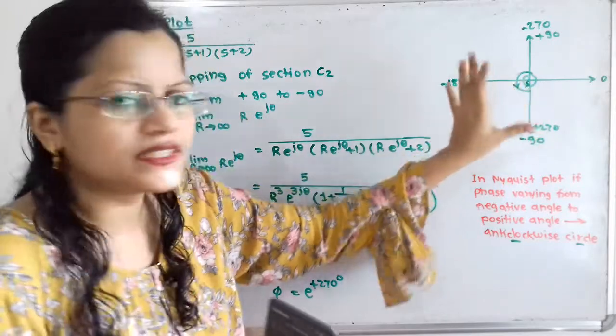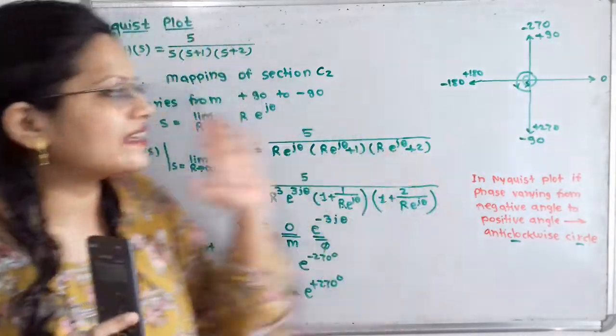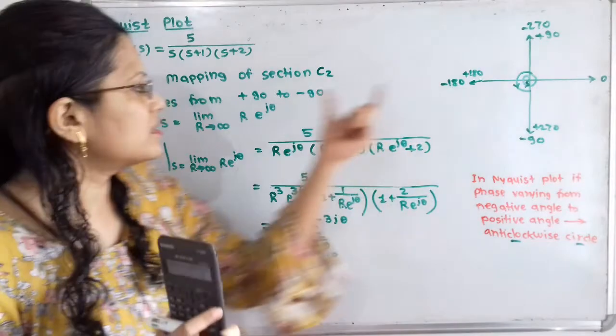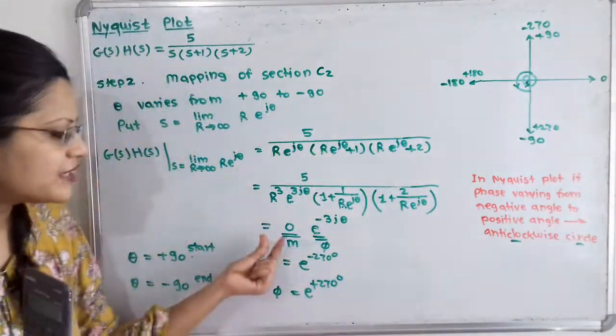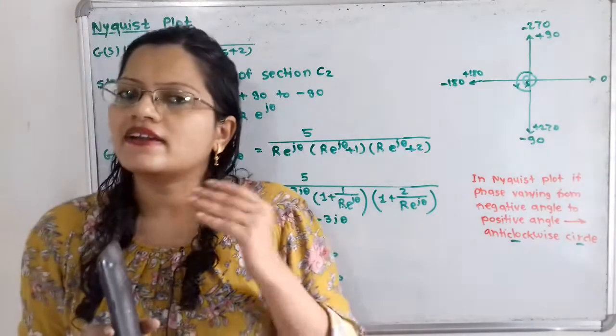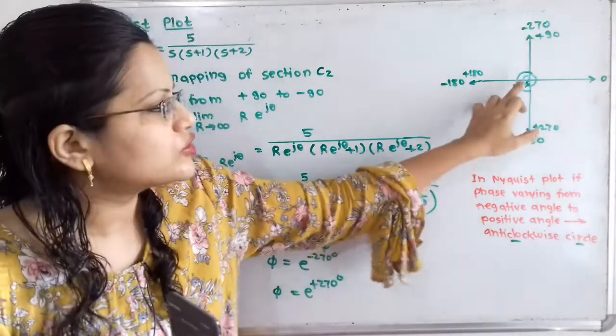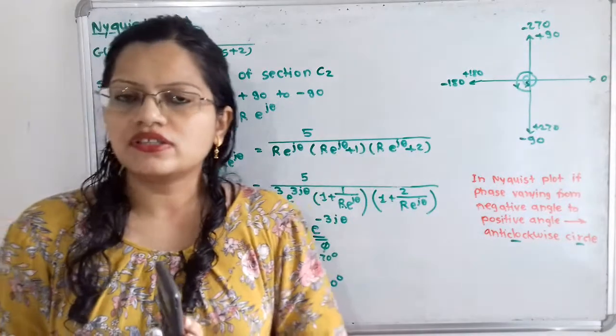In this way this circle will appear, or we can say the section C2 will appear big, but here the magnitude is 0. So in the final Nyquist plot we will not show this section C2.